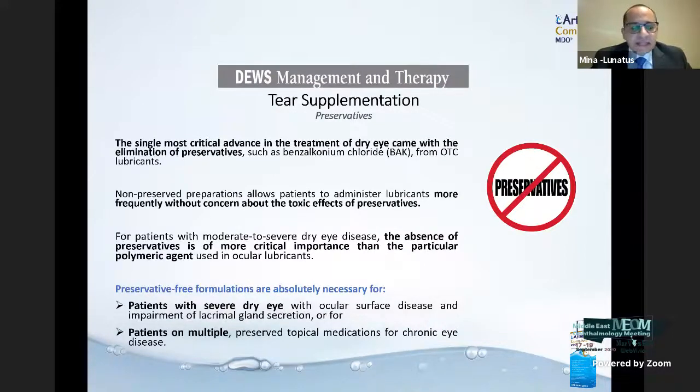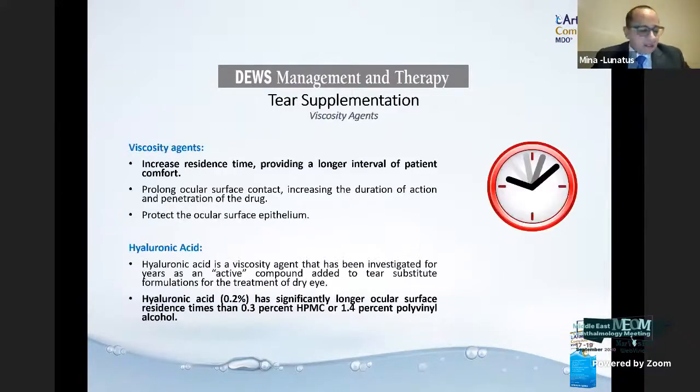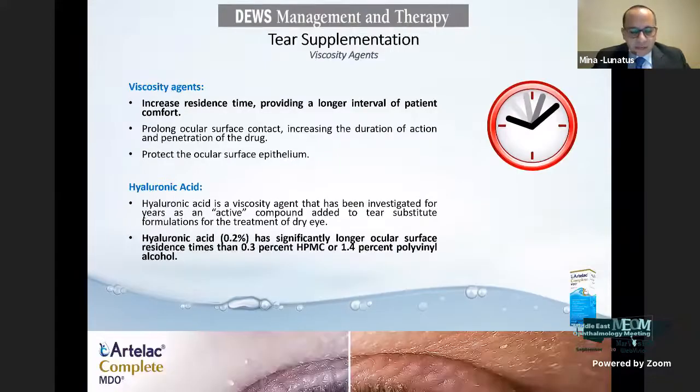Preservative-free lubricants allow the patients to administer the lubricants more frequently without the risk of toxicity, and the viscosity agents increase the residence time and provide longer intervals of patient comfort. And hyaluronic acid 0.2% has been described by the DEWS as a lubricant or a viscosity agent that has longer ocular surface residence time compared to 0.3% hydroxypropyl methylcellulose or 1.4% polyvinyl alcohol.